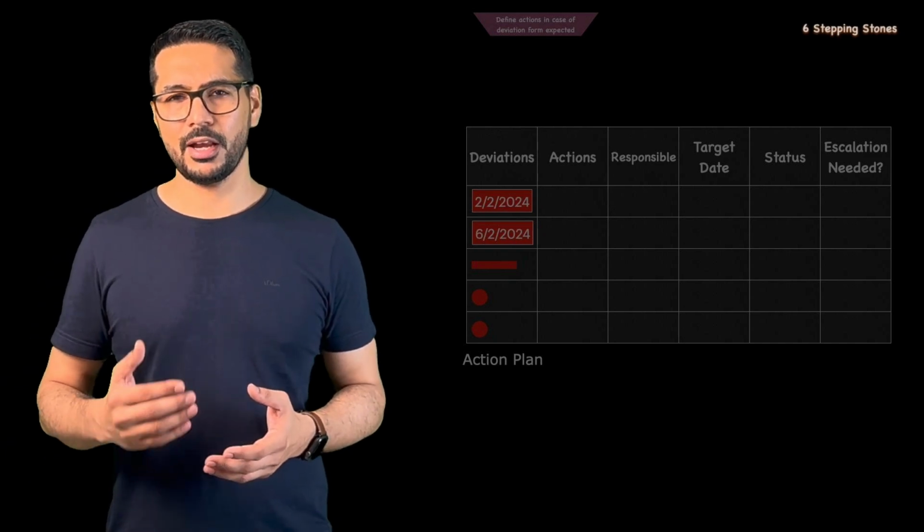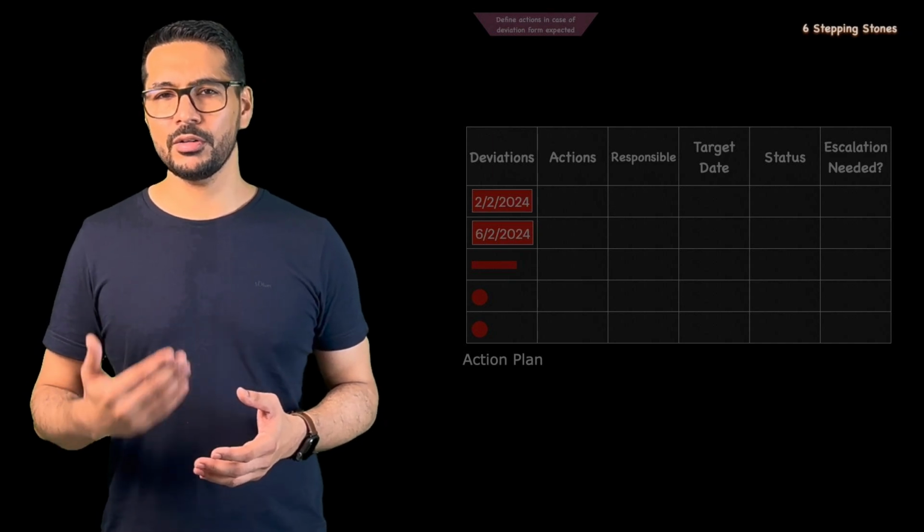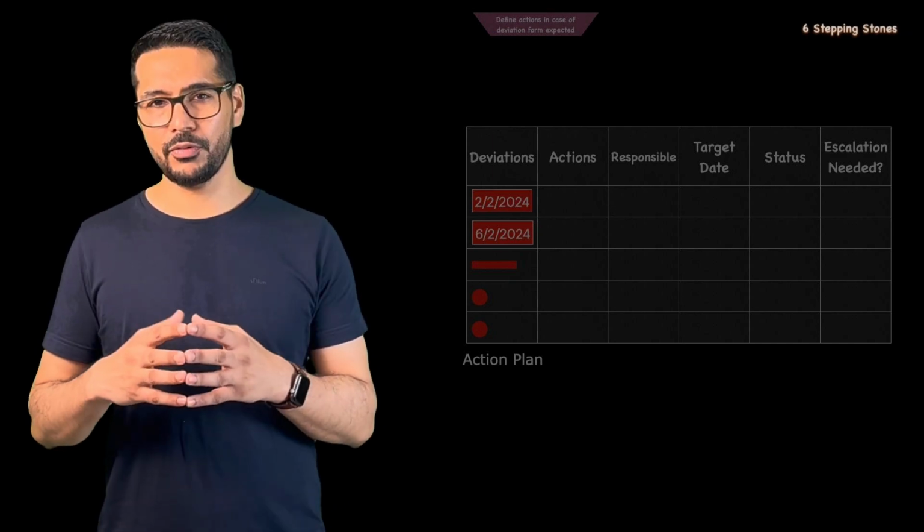So the actions and their progress to achieve continuous improvement in that area can be visualized with this.